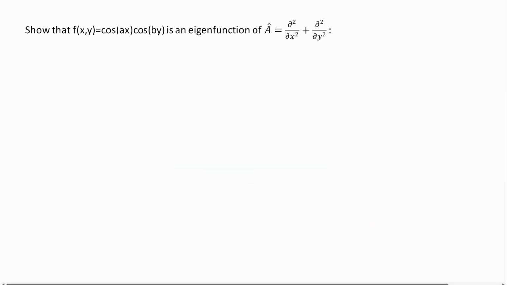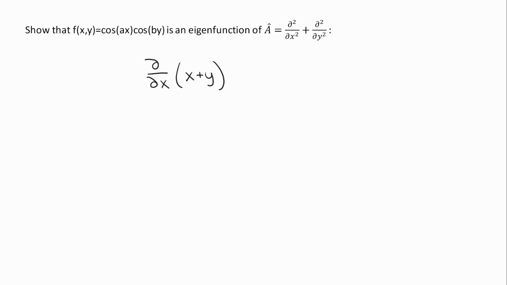So here, we're going to show that our function f of x, y now, where we have a cosine of ax times cosine of by, is an eigenfunction of our operator here, where these are just partial derivatives of our specific functions. And to explain that, this is what you would actually do. So here is our partial derivative with respect to x of our one quantity, and we're taking it of x plus y.